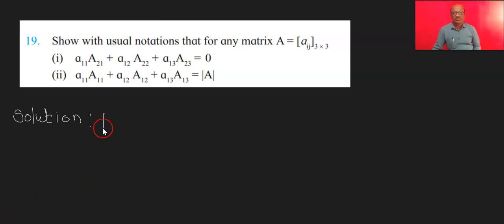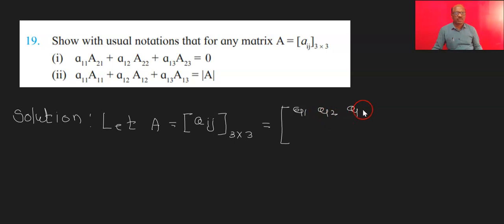Let capital A be equal to Aij, a 3 by 3 matrix, and here is the matrix: A11, A12, A13, A21, A22, A23.